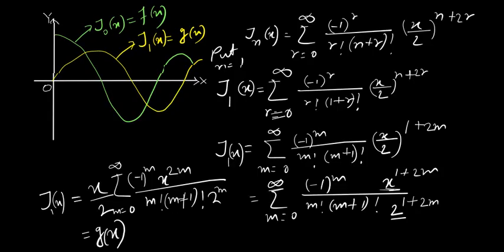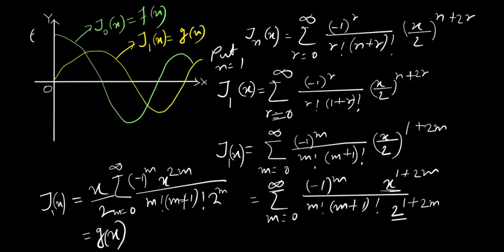So the point is (0, 1). This is f(x) and this is g(x).